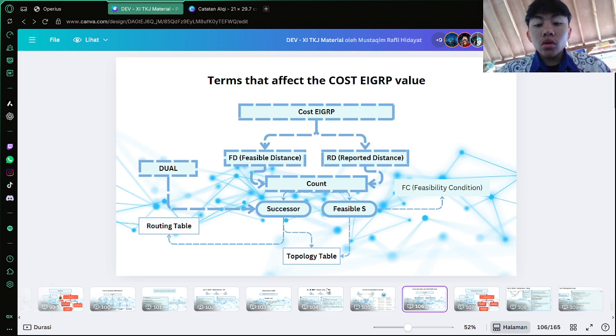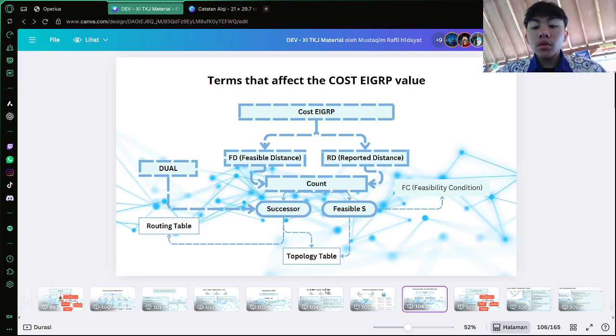Supporting elements: hop count is the number of hops, the successor is the best path router to a specific destination, and the feasible successor is a backup path meeting the feasibility condition.